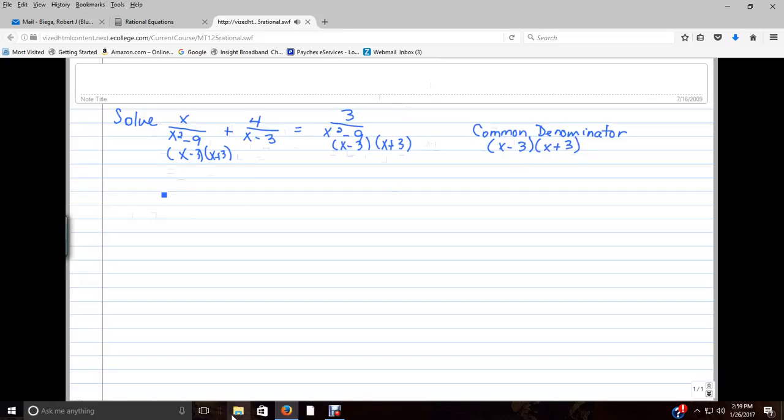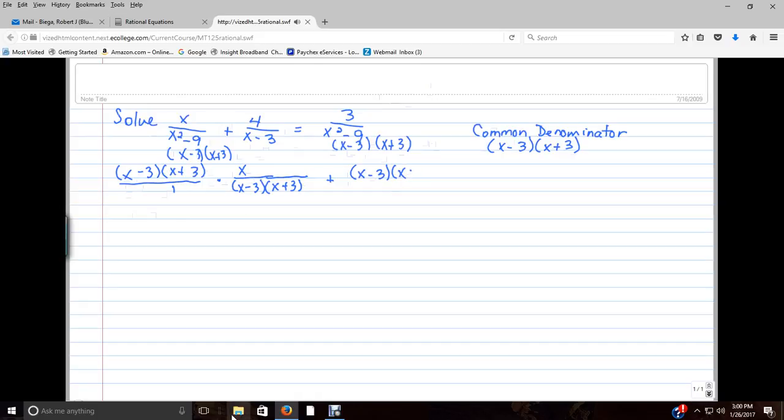We want to multiply through by x minus 3, x plus 3 over 1. So I'm going to multiply the first fraction by x minus 3, x plus 3 over 1 times this very first fraction. And I'm going to go ahead and write that denominator, x squared minus 9, in its factored form. And then let's go and multiply our second fraction by that common denominator.